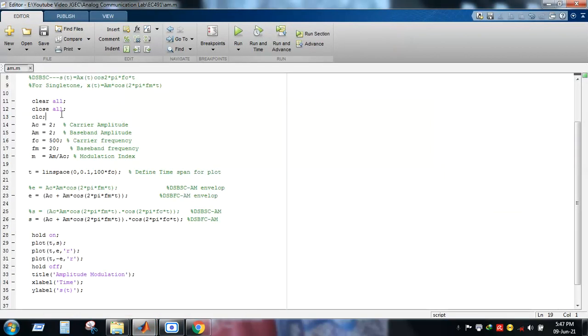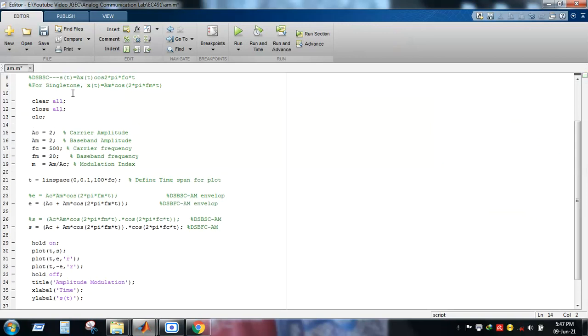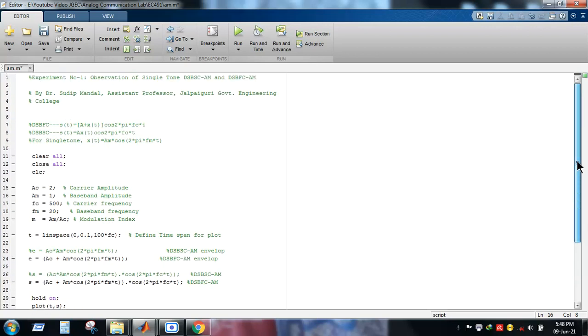Now the main programming part. Initially we are assuming that Ac equal to 2 volt and Am equal to, suppose, 1. So carrier amplitude is 2 and Am equal to 1. Moreover, you should note down that there is a percentage sign before the line.